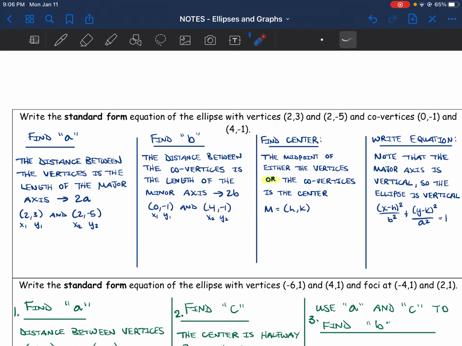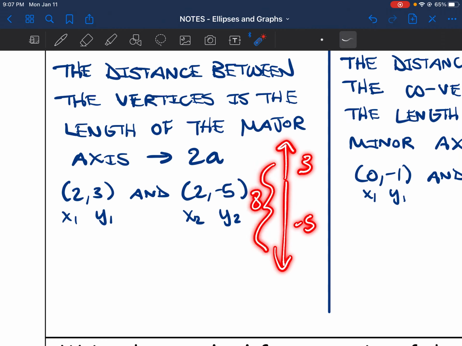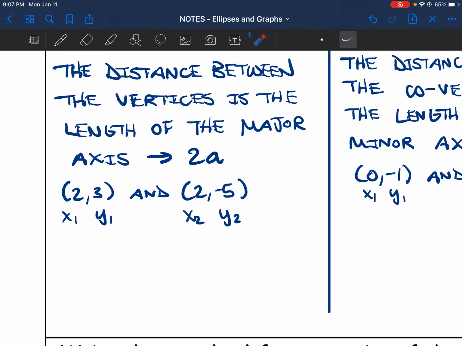The x values stay the same, so we really just need to find the distance between the y values, the 3 and the -5. Well, that's up 3 and down 5. This total distance would be 8. And now that we know that the total distance is 8, half of 8 would be 4. So the A term is going to equal 4.